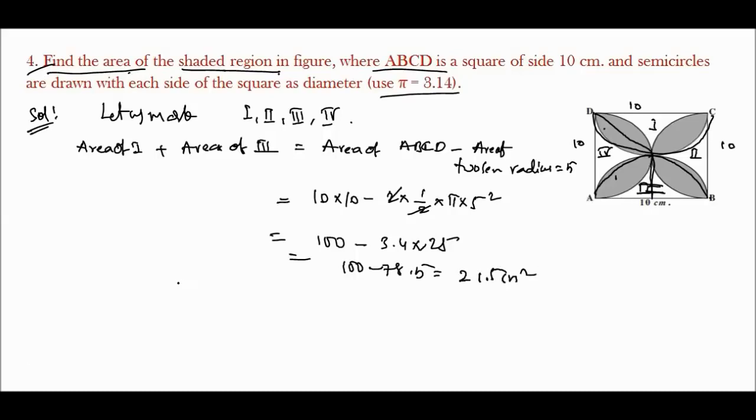Next, similarly, the area of the second plus the fourth region is equal to the total area of this one.